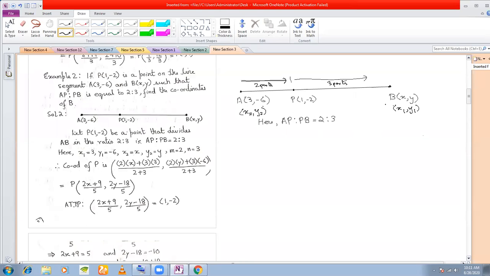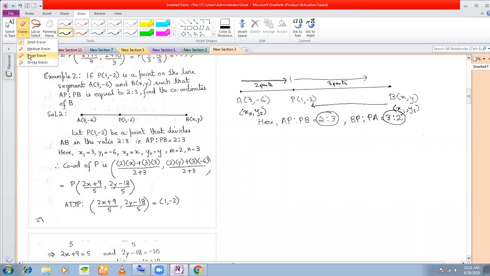Therefore, if we are starting from B, then we need to take BP is to PA, which is 3 is to 2. So when we are starting from B, we take the ratio 3 is to 2, but if we are starting from A, we take the ratio 2 is to 3.